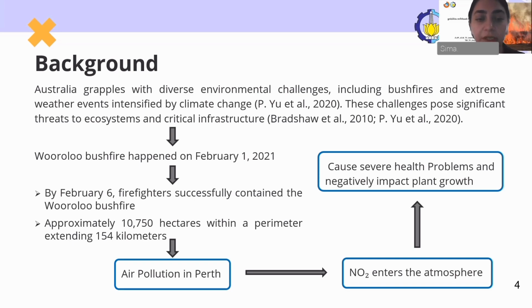From this fire, air pollution enters the atmosphere, including nitrogen dioxide, which is a pollutant that causes severe health problems and negatively impacts plant growth.